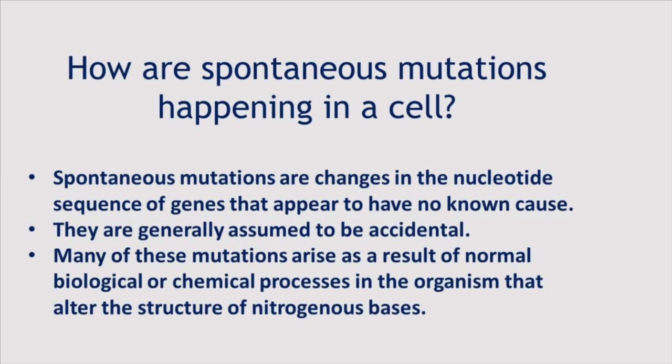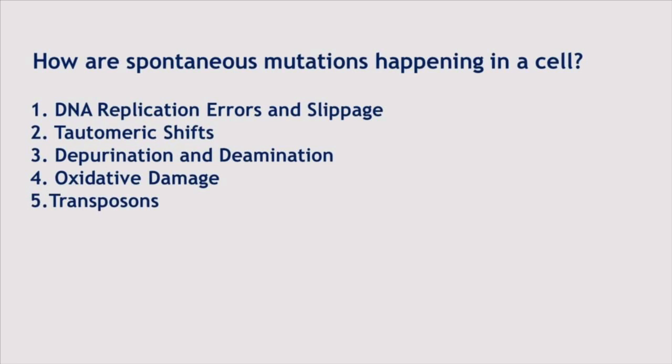We are first talking about what keeps happening inside a normal cell. We'll study this under 5 heads: DNA replication and slippage, tautomeric shifts, deamination and depurination, oxidative damage, and transposons. I will take all of them one by one in detail.